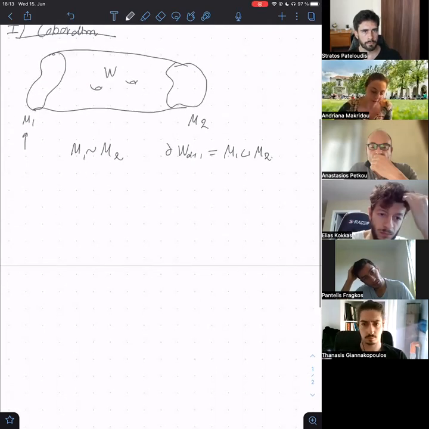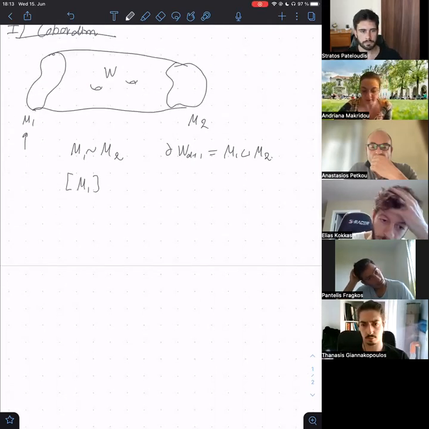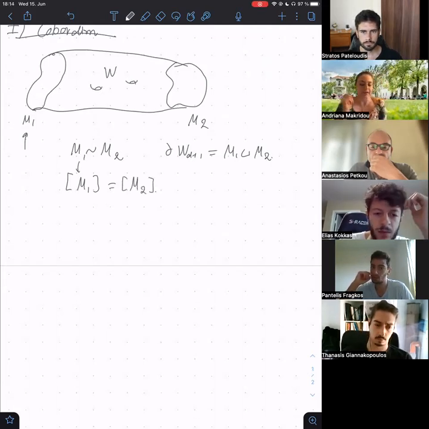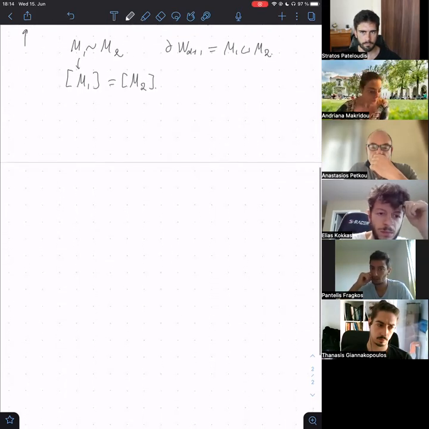And of course, now we have defined some equivalence classes, and the equivalence class of M1 is equal to the equivalence class of M2, since the cobordant manifold can be constructed. And how does it relate to quantum gravity?